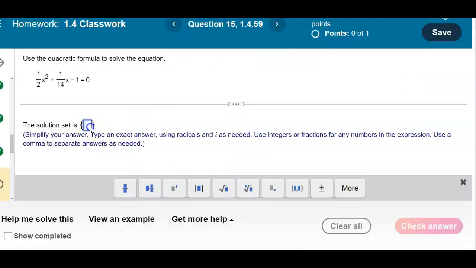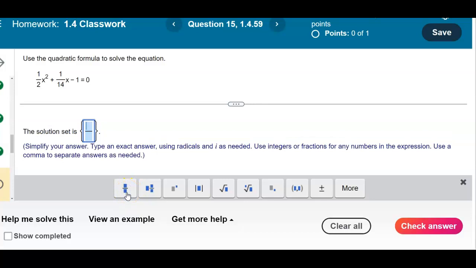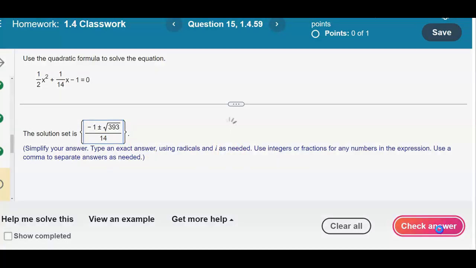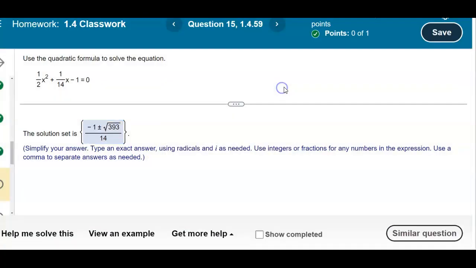So let's go ahead and put our answer in. We have negative 1 plus or minus the square root of 393 divided by 14. Check our answer, and there is our result.